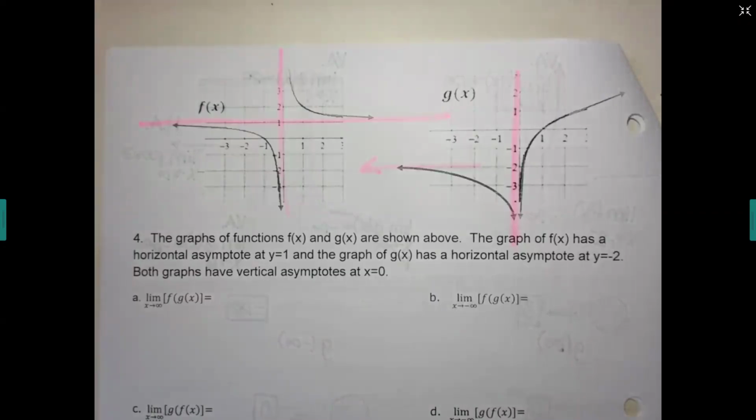So infinity, and then I'm going to look at infinity on the graph of G, because G's the outside. So if I'm on G and I'm looking at infinity, the right side, what's that side doing? Is it curving off towards a specific value? It's just going up forever, then the answer would be infinity.